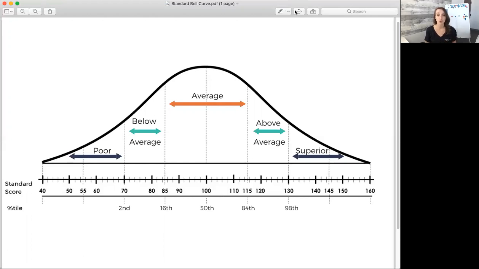So when we're thinking about how we're going to look specifically at standardized norm referenced assessments, which are so key, so important, what we need to know is that most of these tests have a standard score of 100 or a scaled score of 10. That's the thing we need to keep in mind when we're looking at this graph right here.